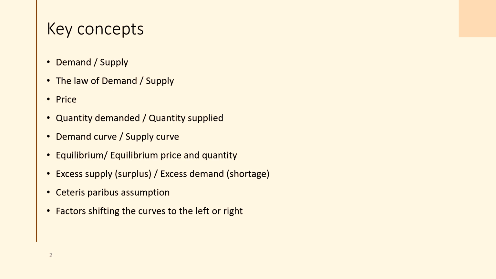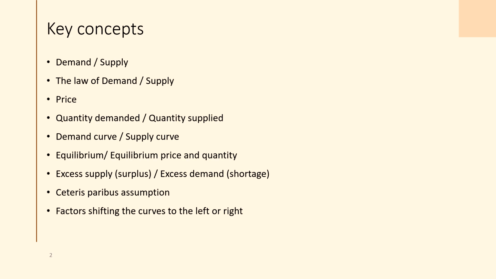Next, we use demand curves and supply curves to visualize these relationships. Their intersection gives us the equilibrium, including the equilibrium price and quantity, where the market is balanced.